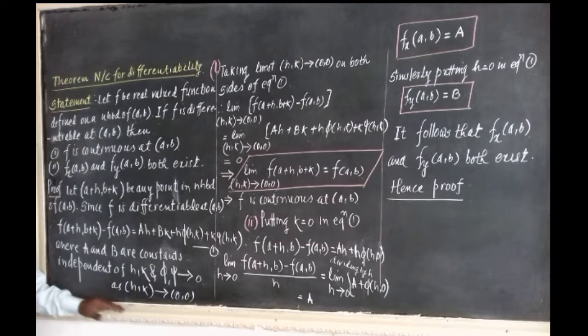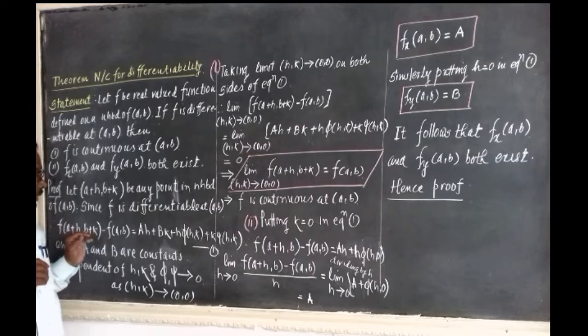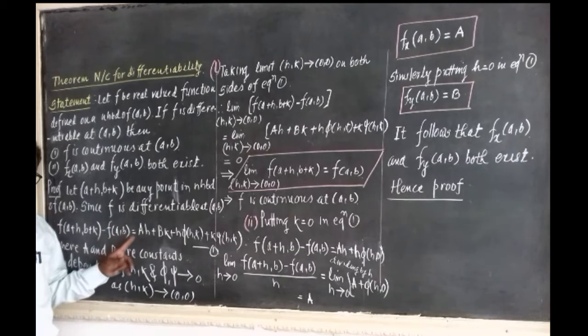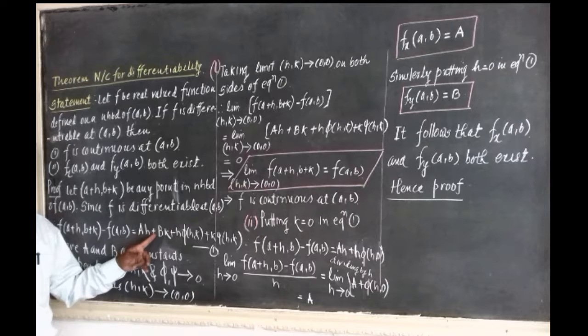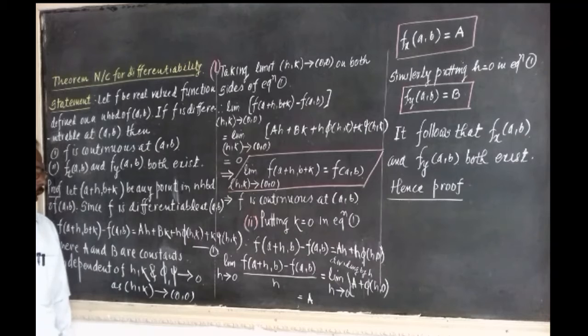We have already discussed when a function is differentiable. A function is differentiable if, in the neighborhood of point (a, b), with (a+h, b+k) a point, f(a+h, b+k) minus f(a, b) is equal to A times h plus B times k plus h times phi(h, k) plus k times psi(h, k).